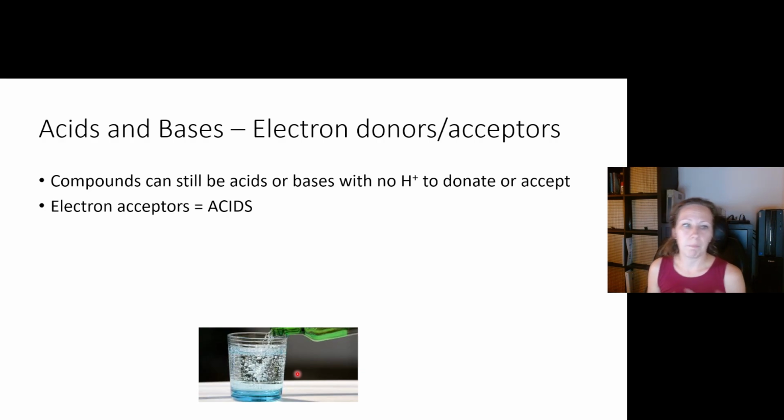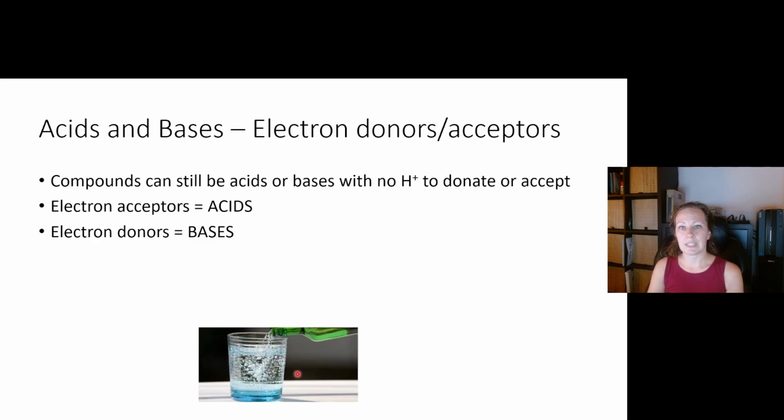The key thing to know here, you're not going to need to know any of the compounds other than the one that I'm about to talk about. The key thing is that if the compound can accept electrons, then it's an acid. If it donates electrons, it's a base.